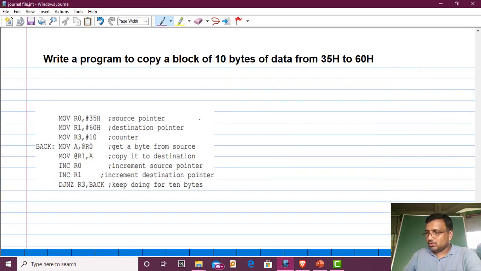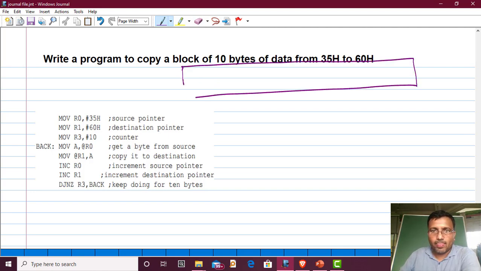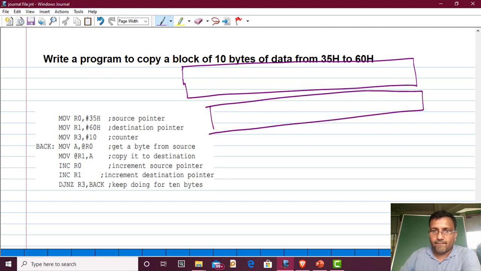Okay, so I have two memory blocks. This is my first memory block, and this is my second memory block. Altogether 10 locations are there.